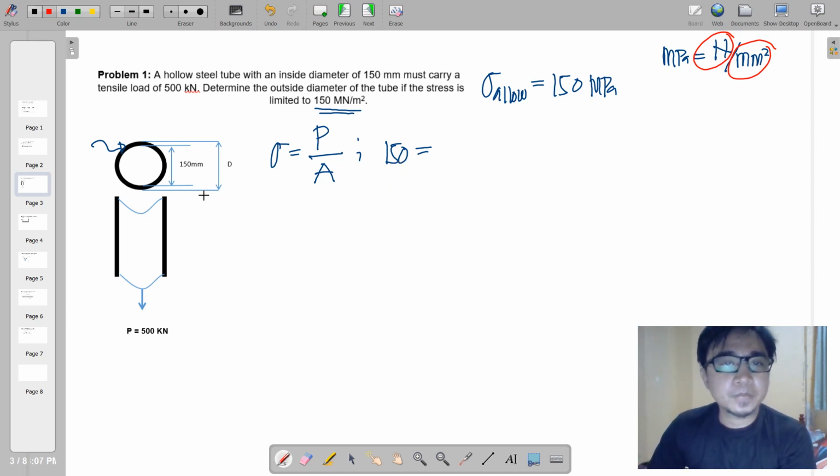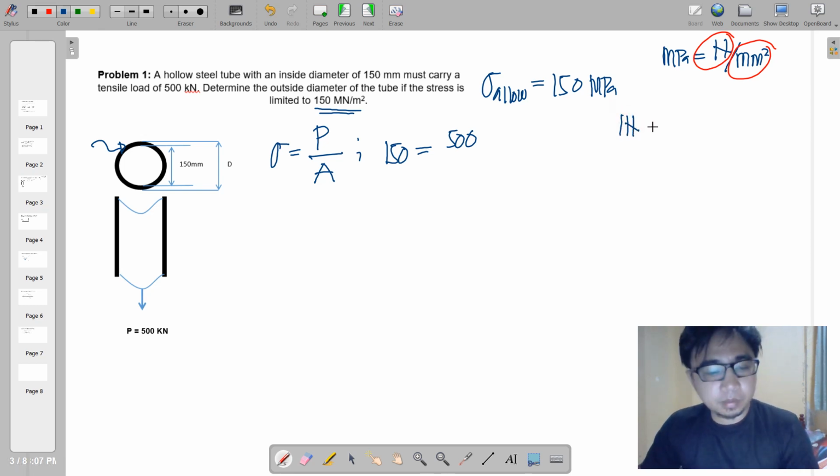Your force here is 500 kilonewton, so we need to express it in newton. Remember that 1000 newton is equal to 1 kilonewton.